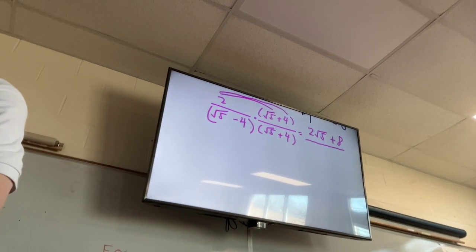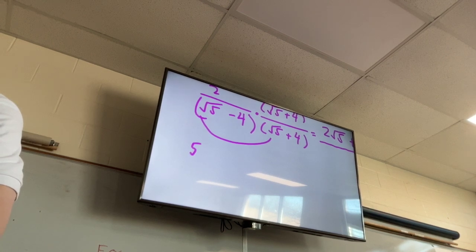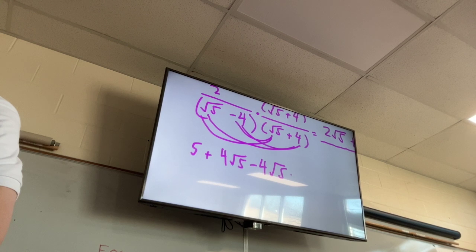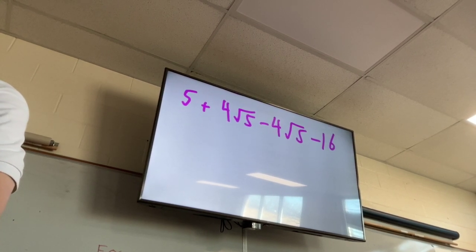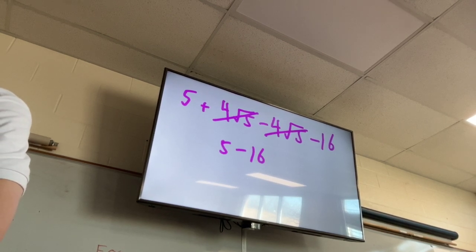If I do first, root 5 times root 5 is what? 5. Then this is going to be plus 4 root 5 minus 4 root 5 minus 16. Do you guys see what's going to happen in the middle? When we combine like terms, those cancel. We just get 5 minus 16, or negative 11.